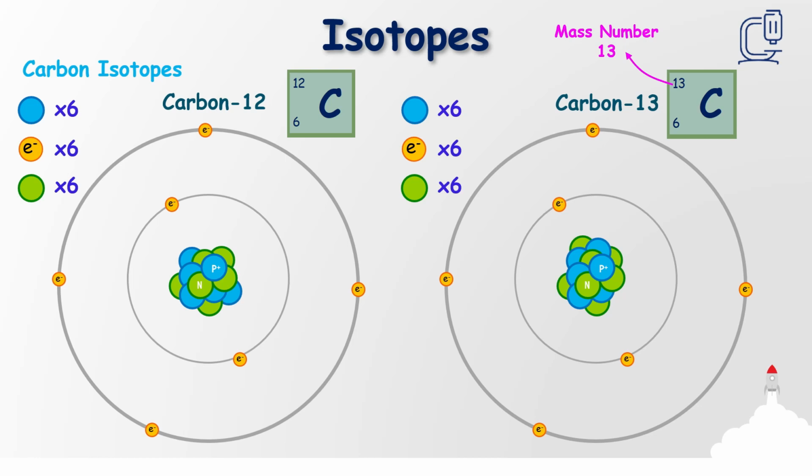They are both still the same element, but with different mass numbers. The physical properties of isotopes are different. Isotopes can have varying physical properties because mass determines physical properties such as density, boiling, and melting point. Chemical properties of isotopes are pretty similar. Chemical properties are determined by the number of electrons, which is the same in isotopes. Therefore, they have the same chemical properties.